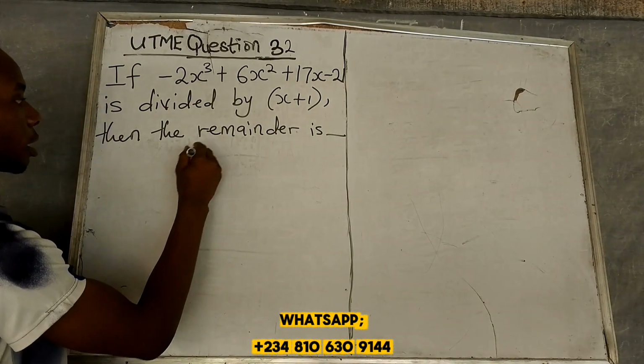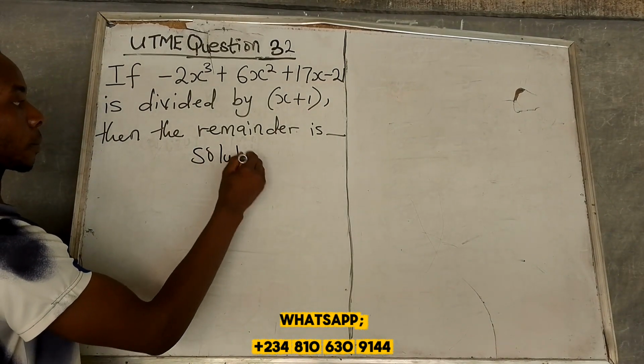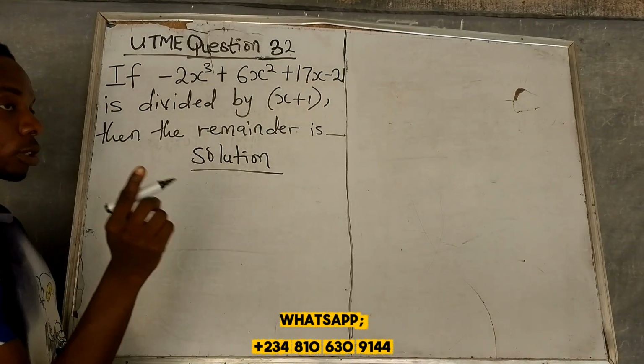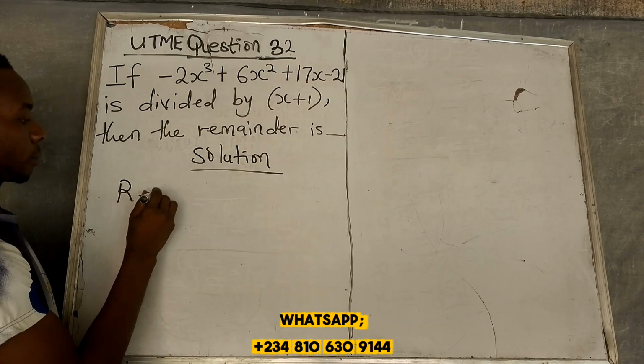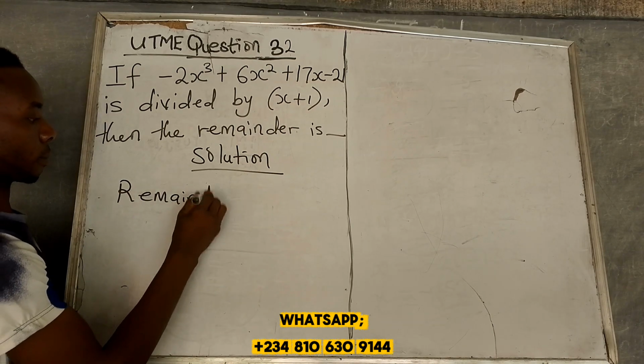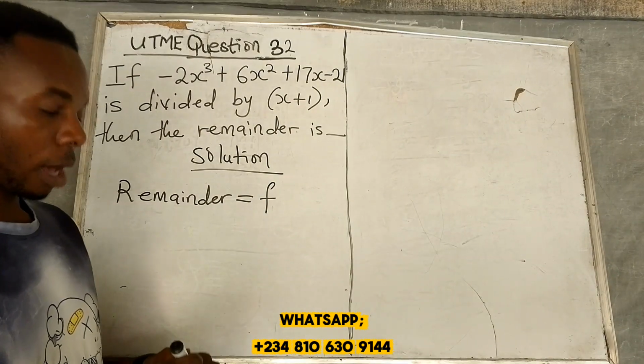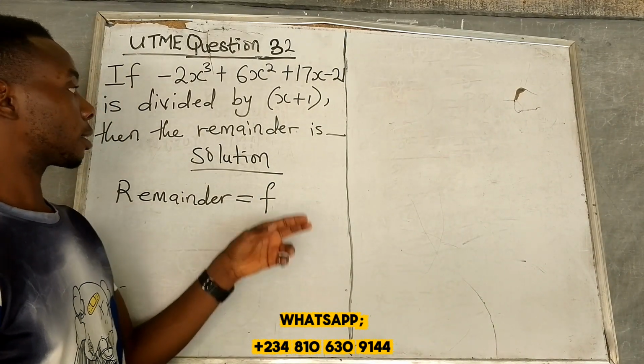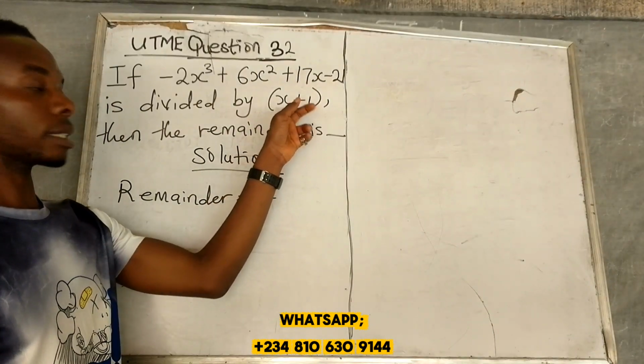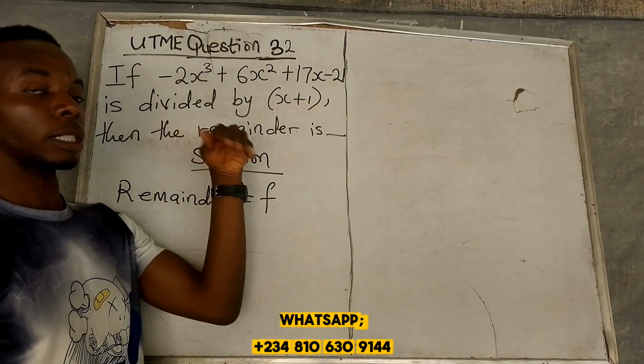Let's move into action immediately. Remainder theorem says that remainder is equal to f of what? Now, how do we find f of whatever it is? It is from this, which is what is being divided with.